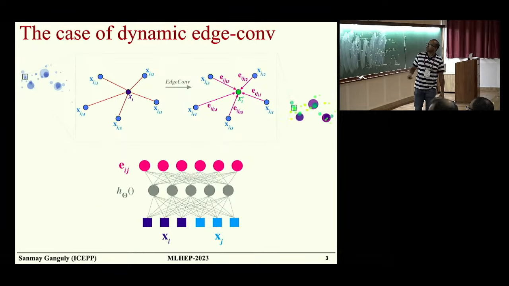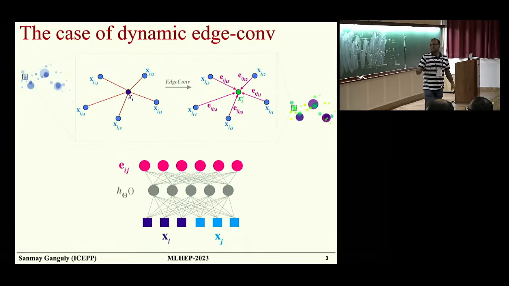Okay. So here the concept goes that initially you had x data, you had some graph. Now these x points undergo some processing through h of theta, which is a neural network layer. And these gray points are the latent space representation of these points. And you build new edges out of this latent representation.